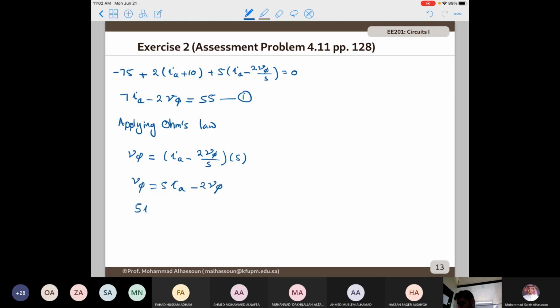If I simplify it and write it in the standard form that we usually use, we have 2 equations, 2 unknowns, so we can easily solve for the unknown values.